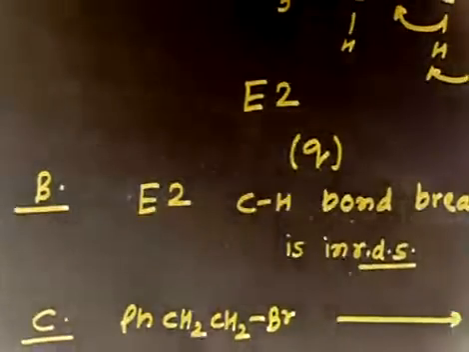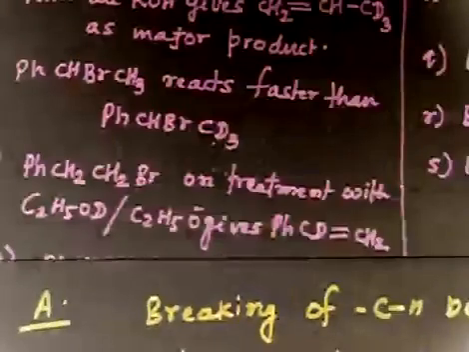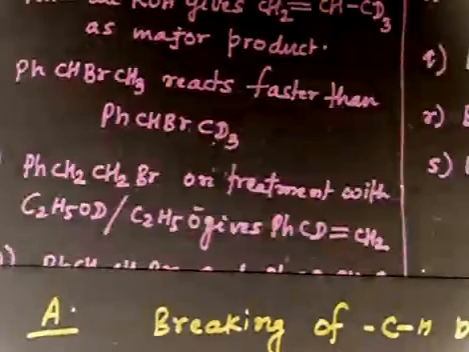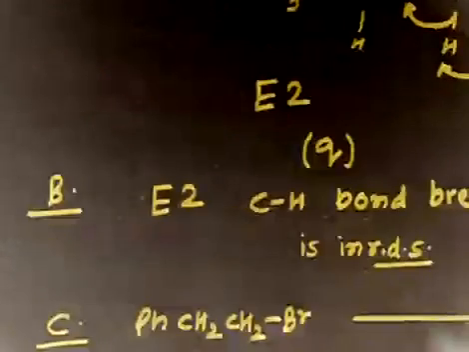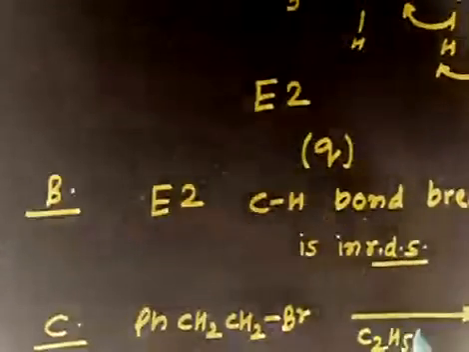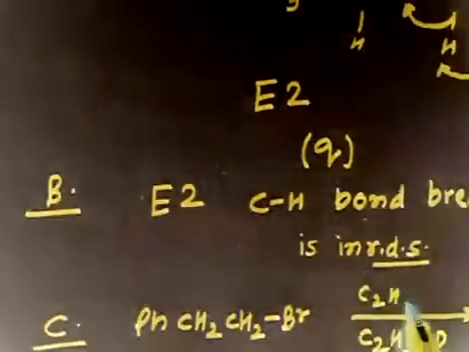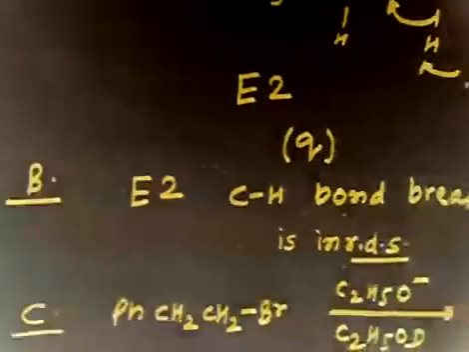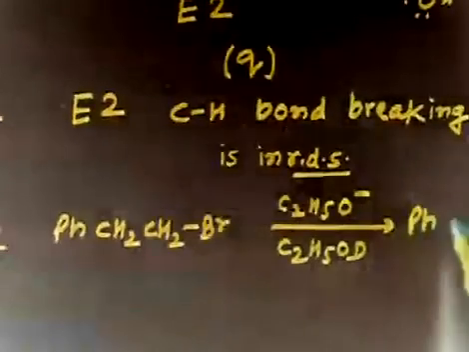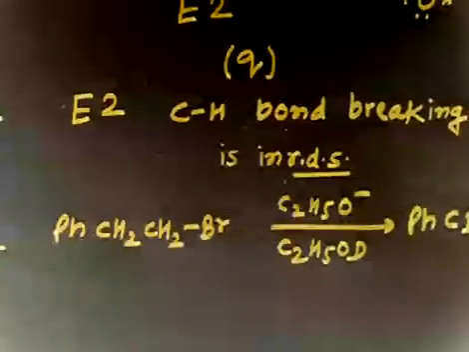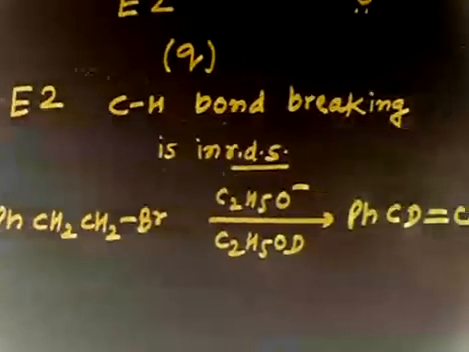Now if this is treated with C2H5OD and C2H5O minus, this is basically acting as a base, and the final product is something like PhCD=CH2.